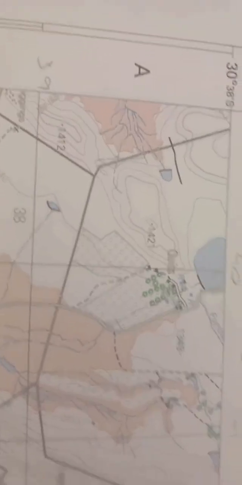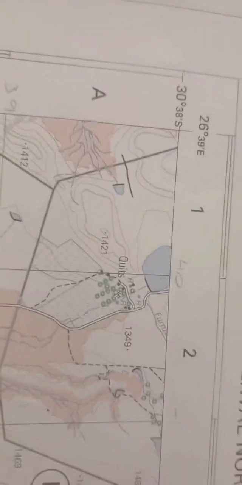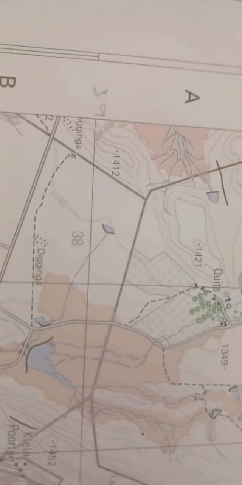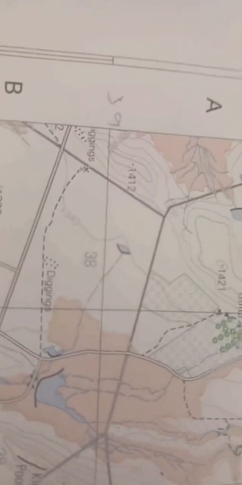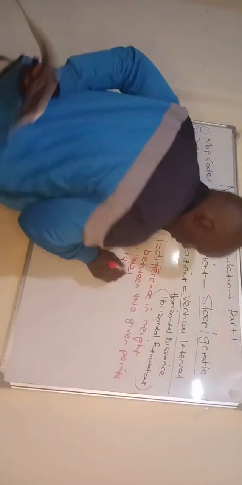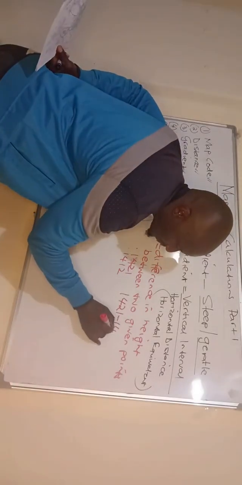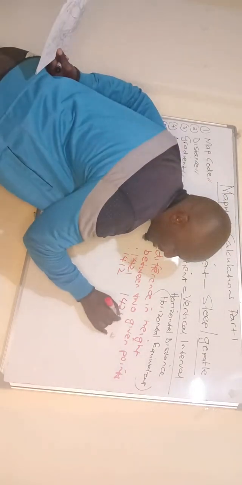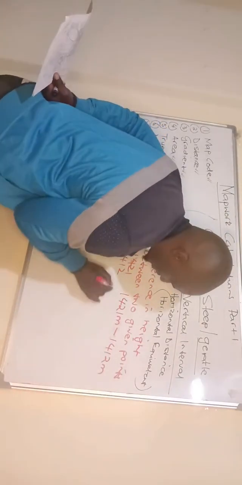In order to find the vertical interval, it is the difference in height between these two given points, your 1421 and 1412. So when calculating your vertical interval, we say 1421 meters minus 1412 meters.